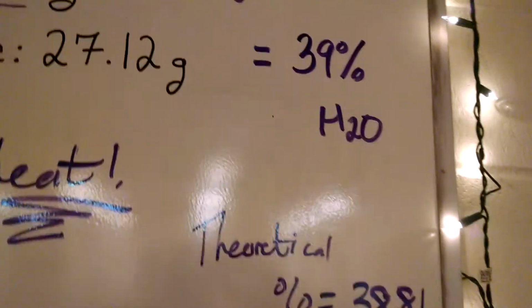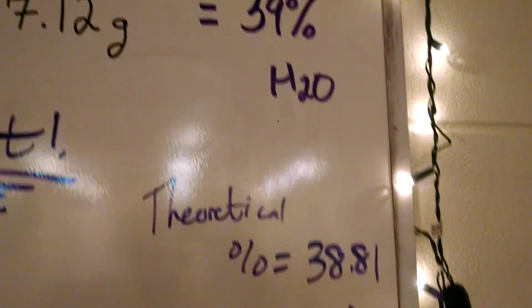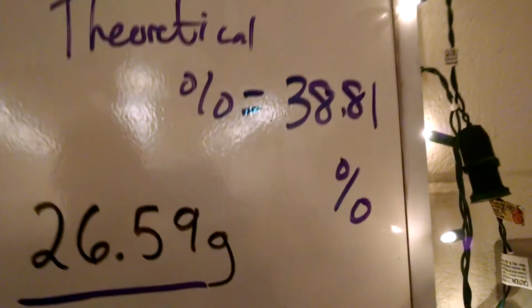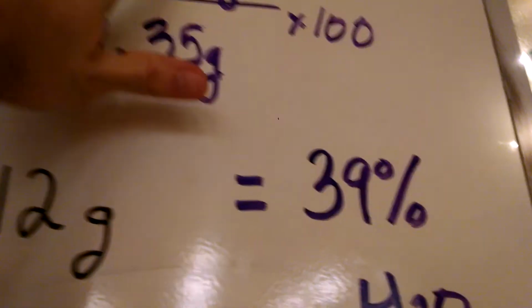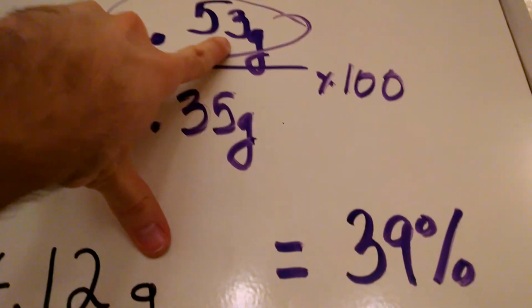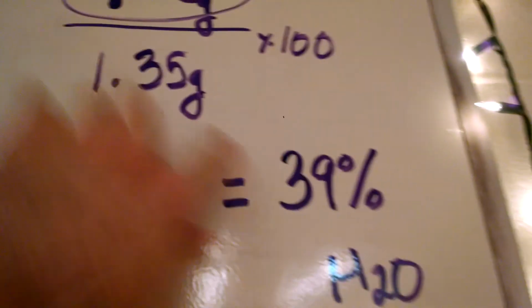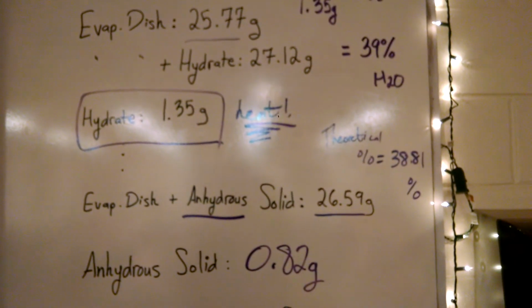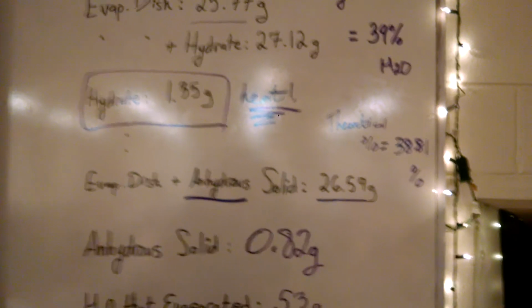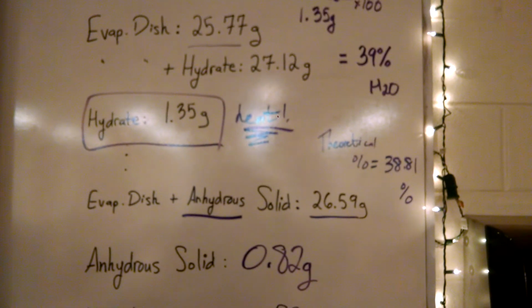Via lab, we get roughly 39%. Again, it's tough to get this precise using not as precise balances. In this case, balances that only go to 2 decimal places or the hundredths place. But in this case, we get 39%. That is how you are to determine the percent water experimentally. That's it. Thanks for watching.